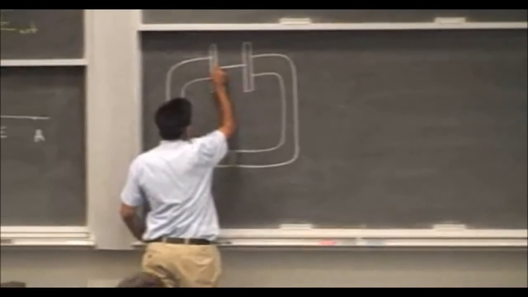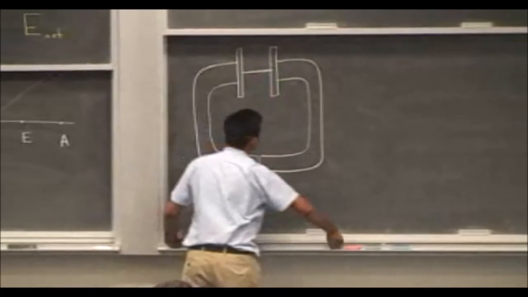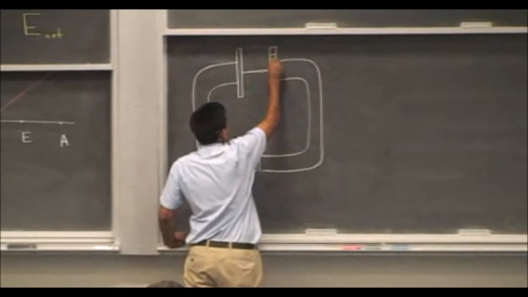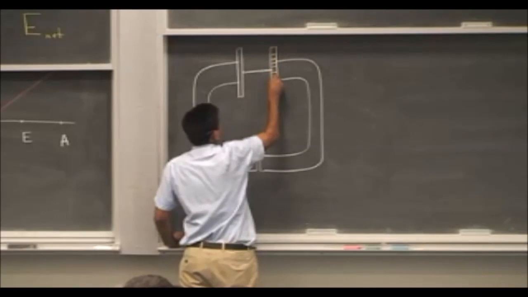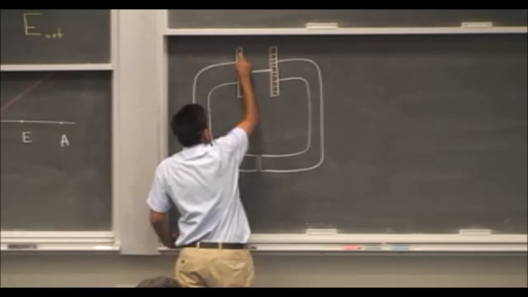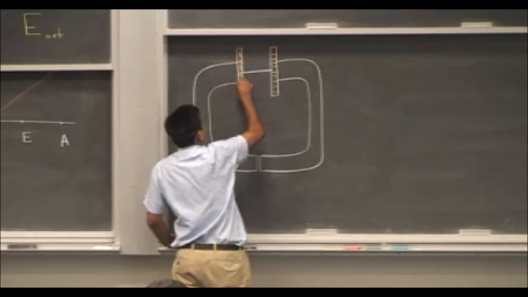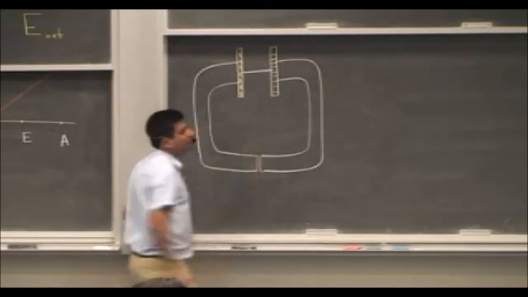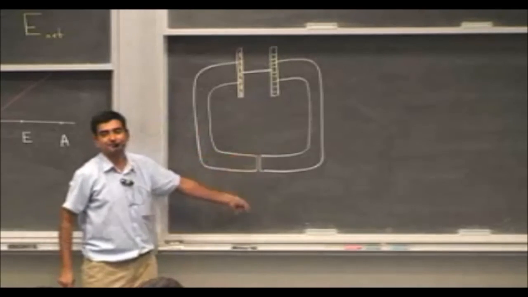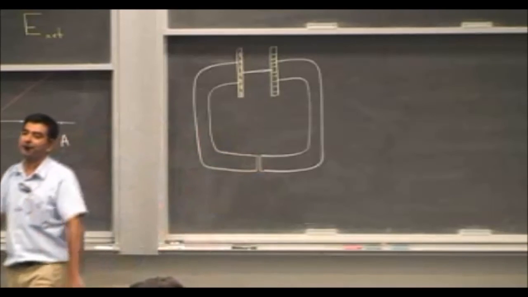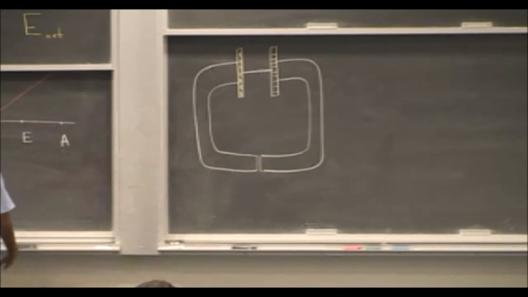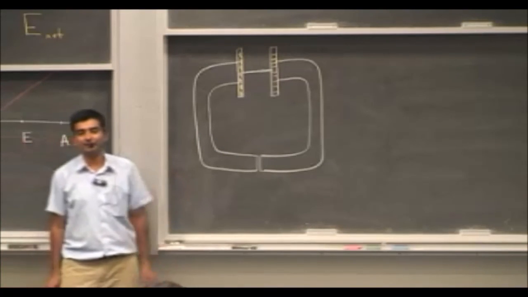Conveyor belt, negative charged plate. Alright, now there is a gap here. I have not connected the battery, I have not closed the circuit. There is an air gap.